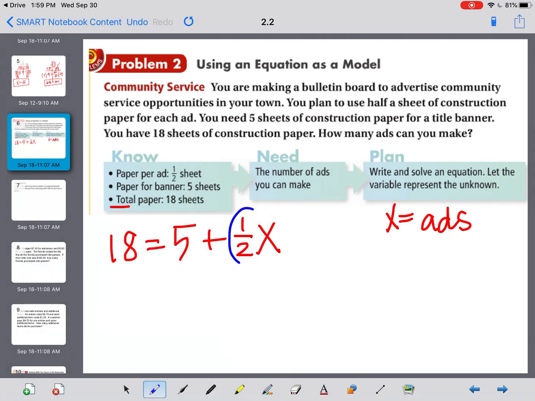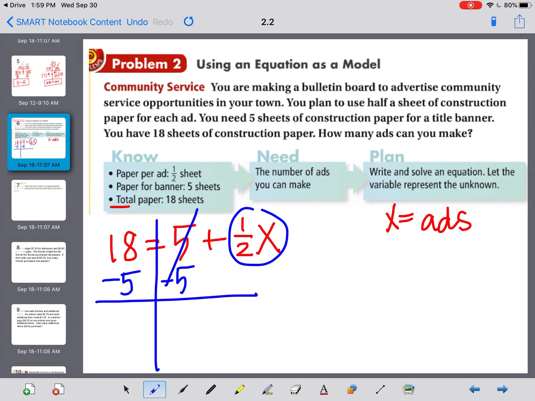Okay, then we're going to follow the steps we took before. We're going to start with finding our couple, and we're going to get rid of our third wheel, or our adding and subtracting. So because this is a +5, I need a -5 to cancel that out. 18 minus 5 is 13, which leaves us with 13 equals 1/2 times x.